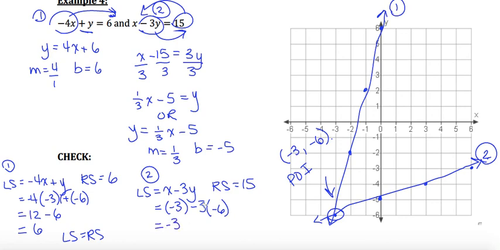So I have -3. -3 times -6 is positive 18. And -3 plus 18 is 15. So that's the same. Left side equals right side.